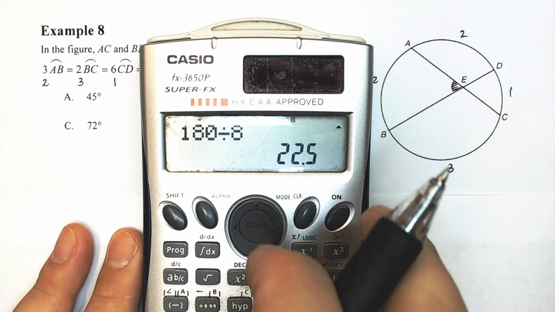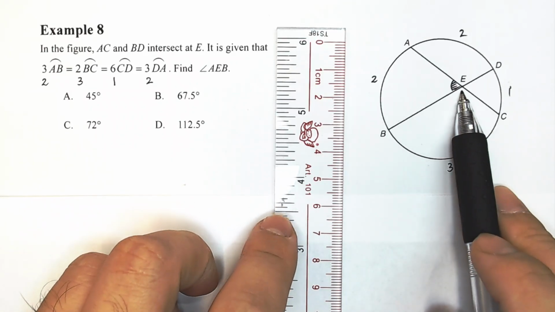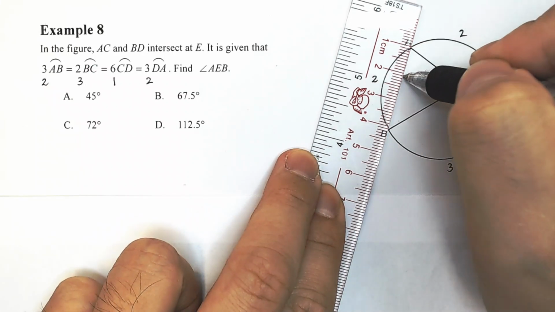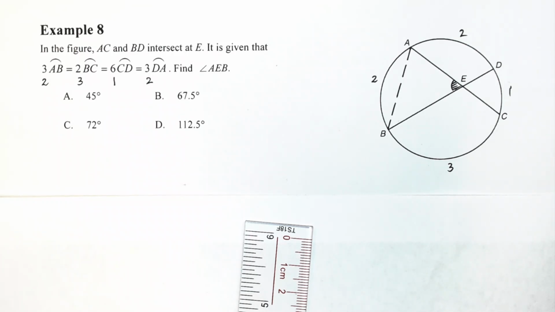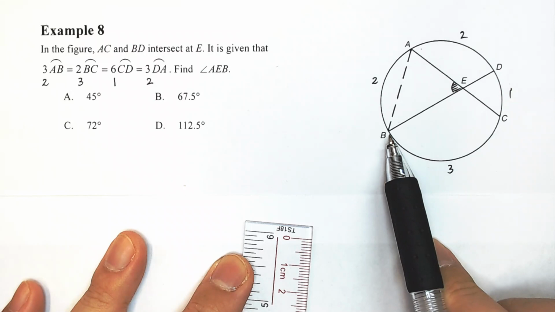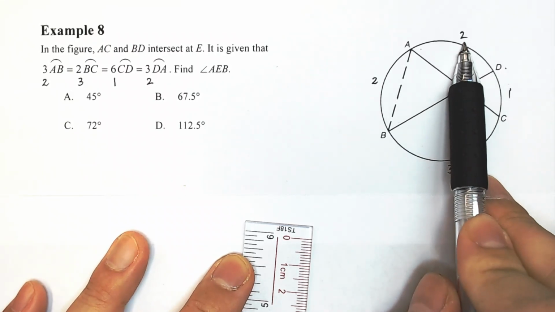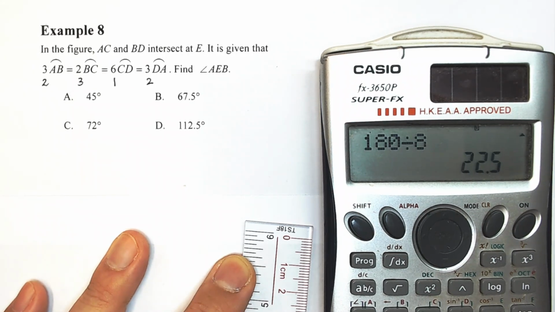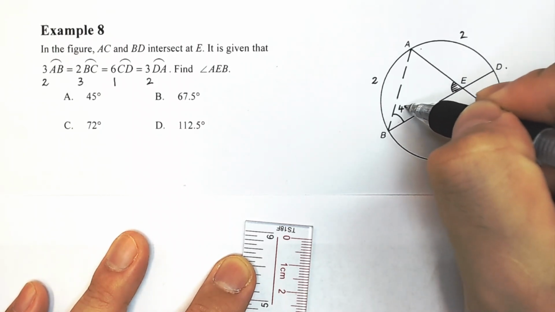And if we try to find the angle related to angle AEB, you may think that you should consider triangle ABE. Angle ABE is the angle at circumference from the 2 points A and D, of portion 2 of arc length. So for one portion being 22.5 degrees, two portions should be 45 degrees here.